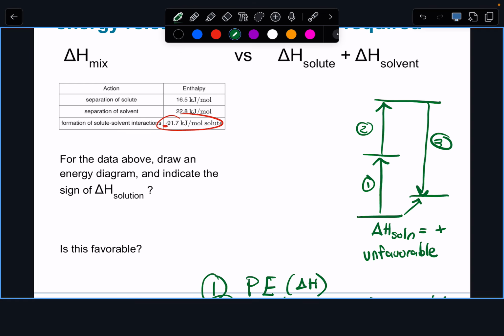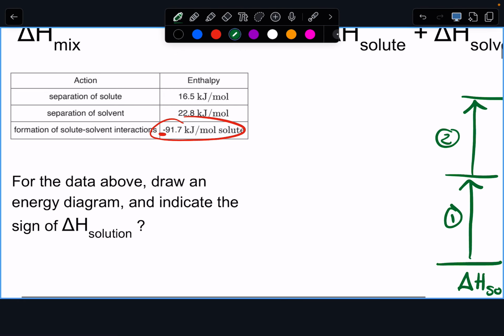Okay, let's do the quantity together and then I'll let you draw the energy diagram by yourself for a second. Looking at this particular example, it gives us numbers associated with the different steps. The energy that's going to be required in both of the first two steps is 39.3 kilojoules. But there's an overall release of energy from step 3, and that's equivalent to negative 91.7.